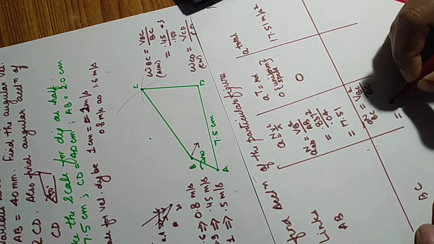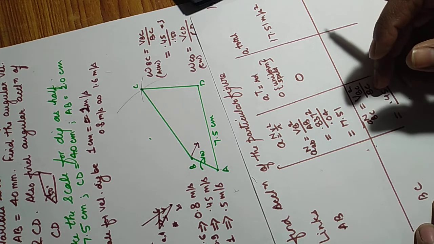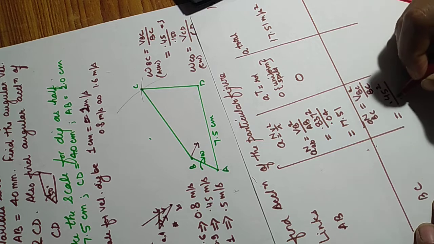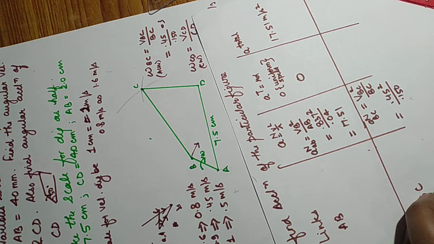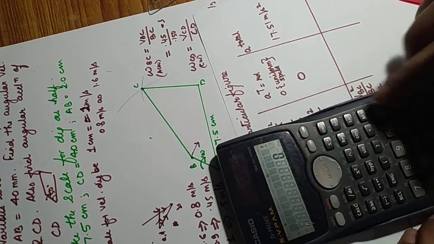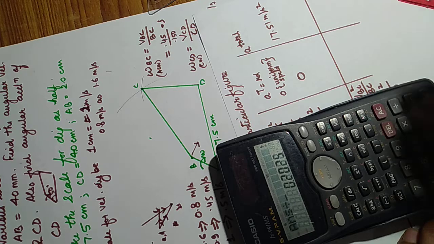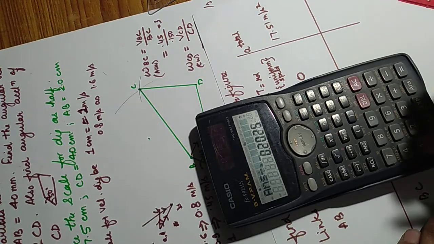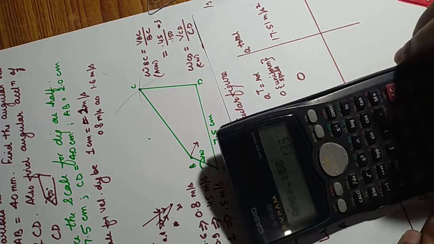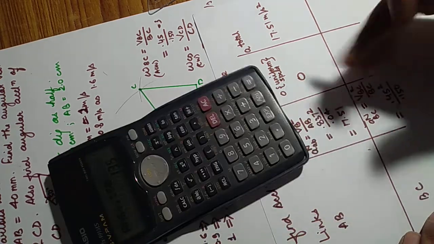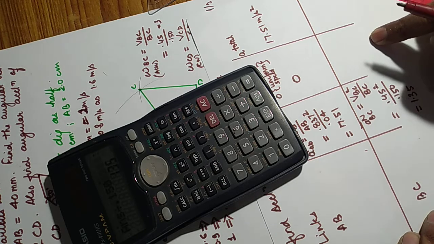So the value is 0.45 square upon, now BC was given as 0.150. It comes out to be 1.35.